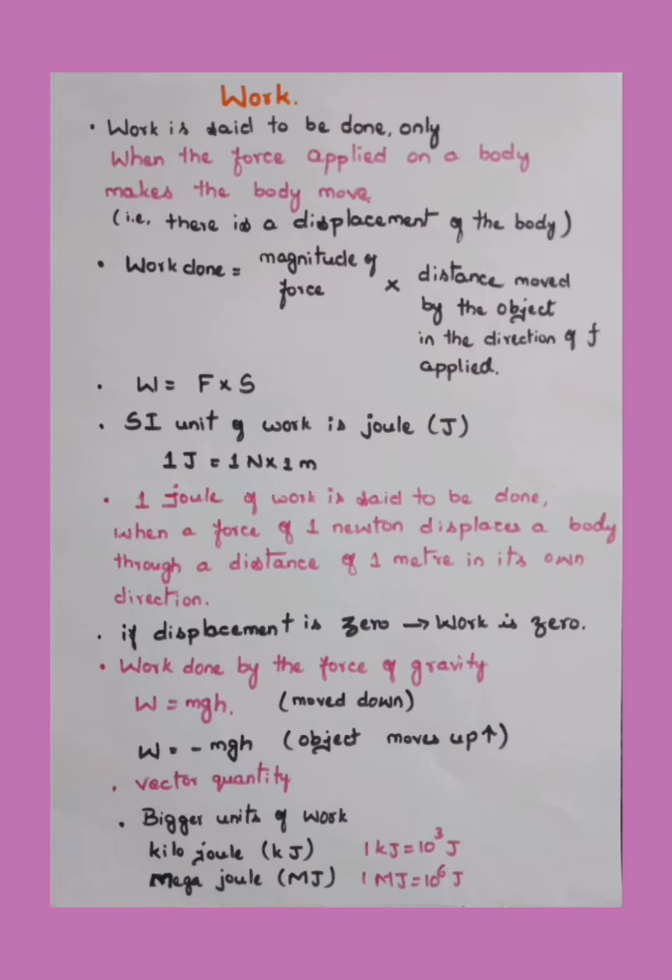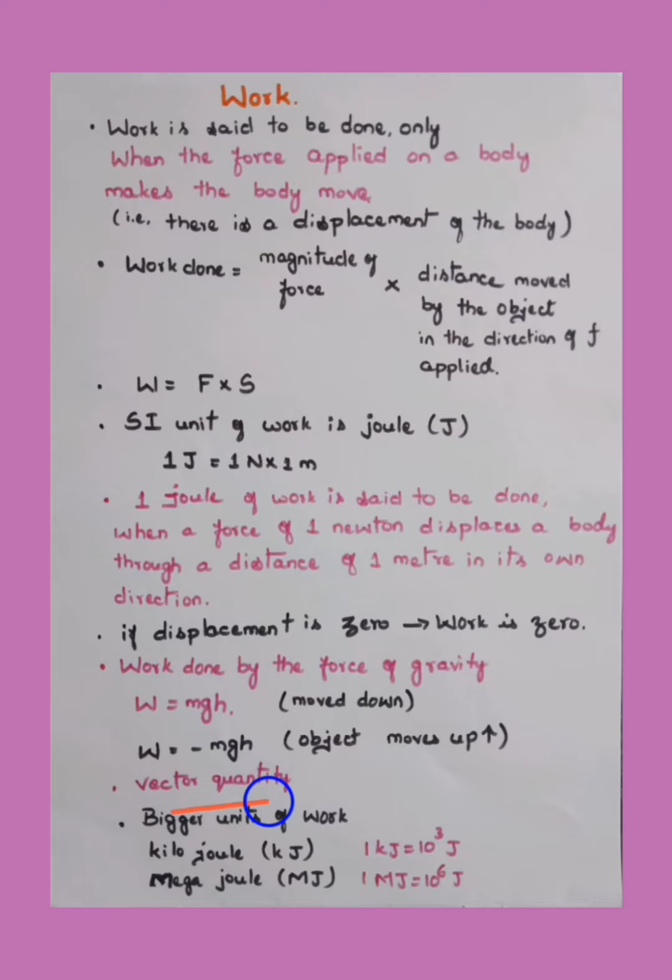We can also move to the work done by the force of gravity. On learning about that, it is expressed by the formula W is equal to mgh. Okay, this is somewhat related to the potential energy formula, right? Same thing here. So work done by the force of gravity W is equal to mgh if an object moves downward. Suppose if the object moves upward, then it is W is equal to minus mgh, and work is a scalar quantity, we know.